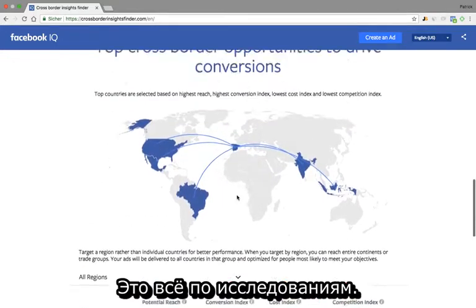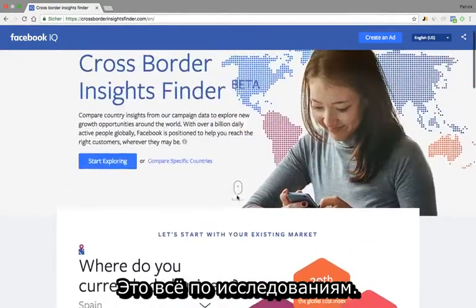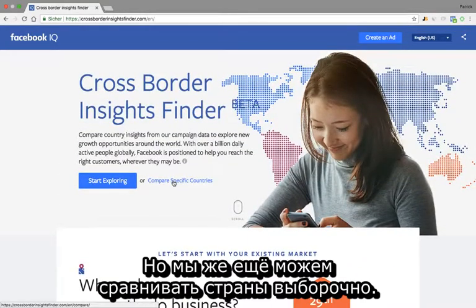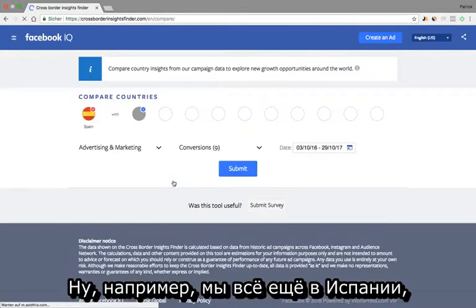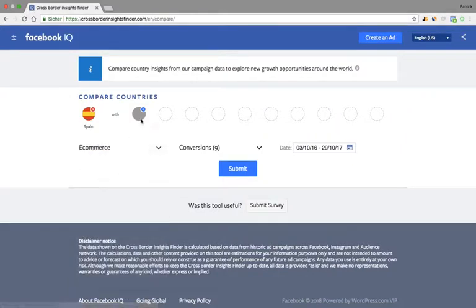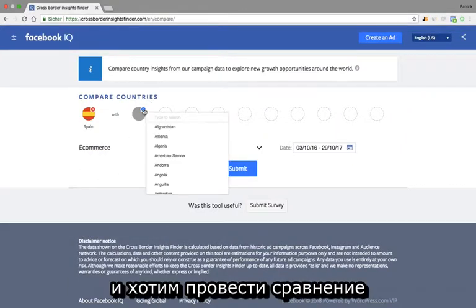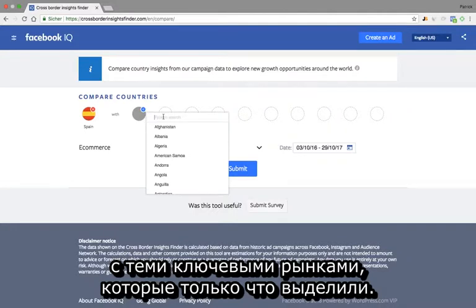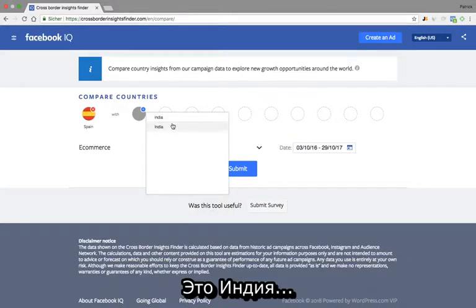And that was it for the Explore category, but we could also compare specific countries. So for example, if we now want to say, okay, we still maintain Spain, we want to compare it now with those key markets that we have just seen, like India.